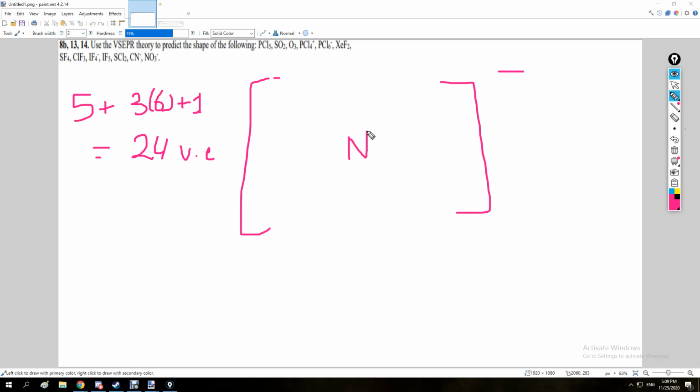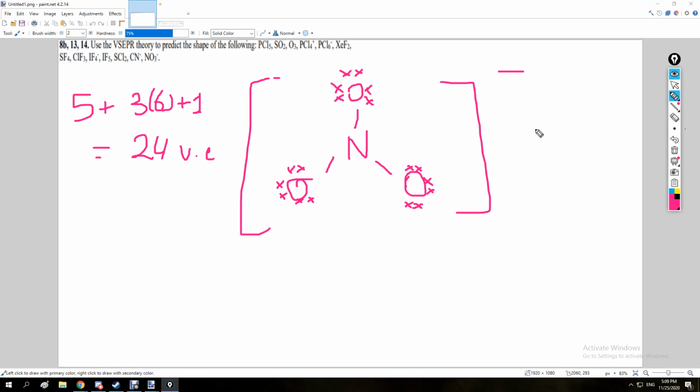We'll draw the N as the central atom bonded to 3 O's. Fill the octet of the outer atoms. And now we check how many electrons we have left. 8, 16, 24. We have no electrons left.